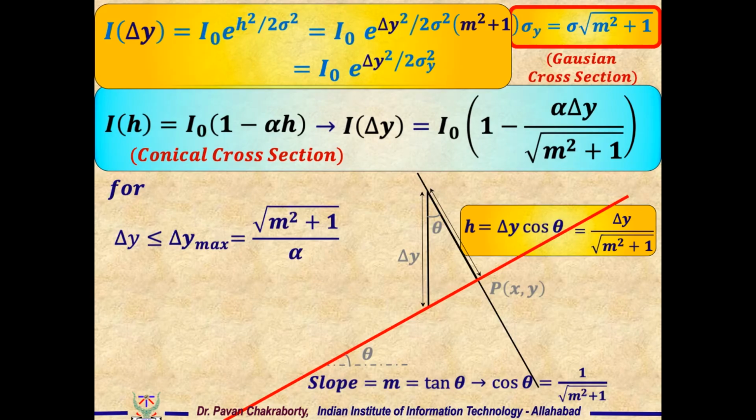Alpha is basically the slope of the conic section that we would like to plot. Now please note the previous function, the Gaussian cross section, is a function which will never become negative. It will become 0 only at delta y or h tending towards infinity.